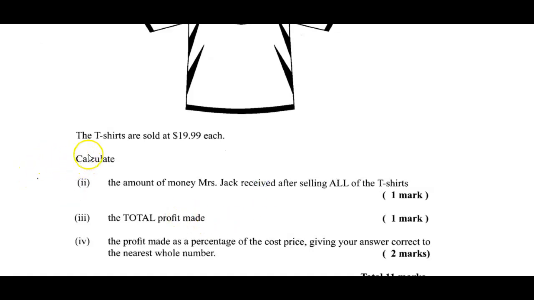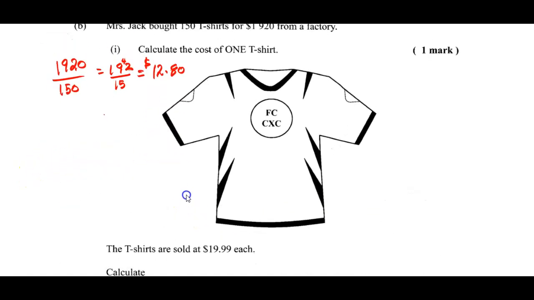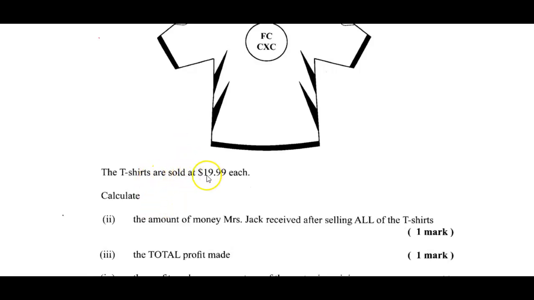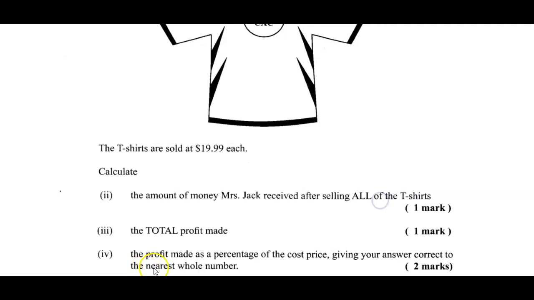Okay, right, let's look at the next part of the question. T-shirts are sold at $19.99 each. Calculate the amount of money Jack received after selling all t-shirts. So there were 150 t-shirts. So it means that we would multiply 19.99 by 150.